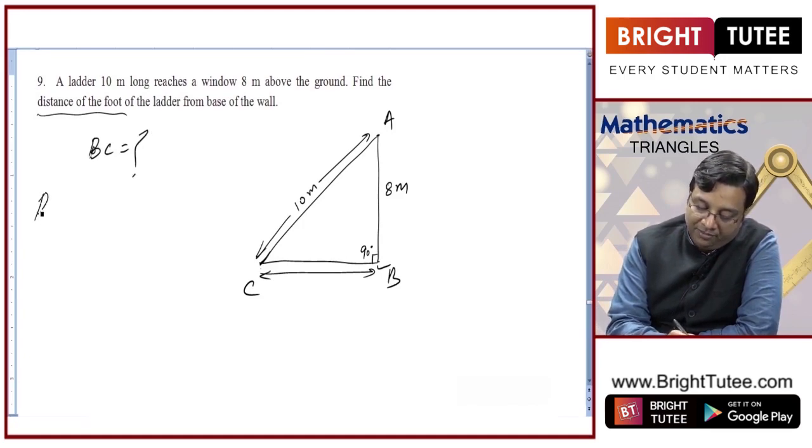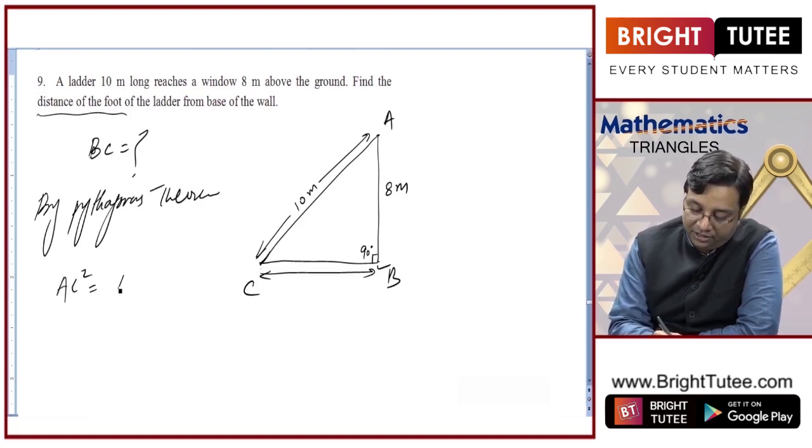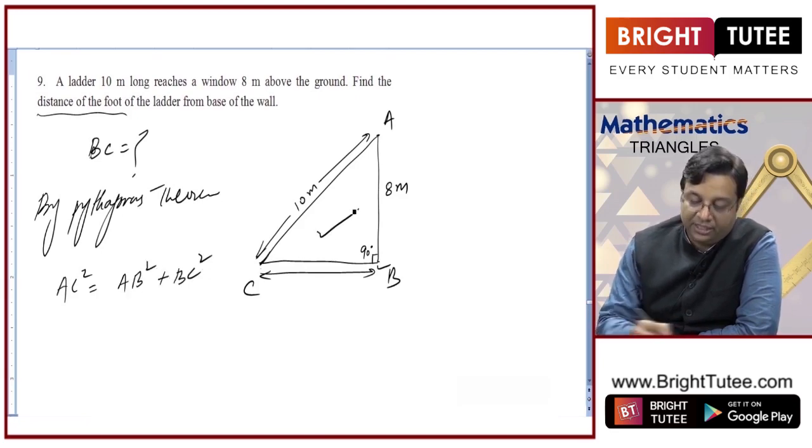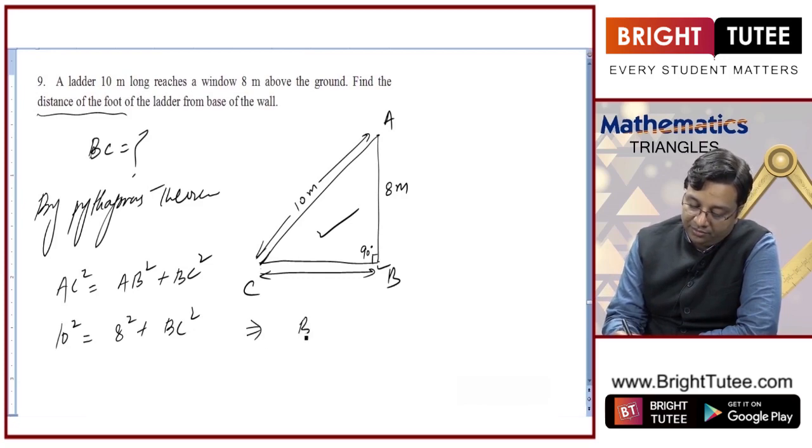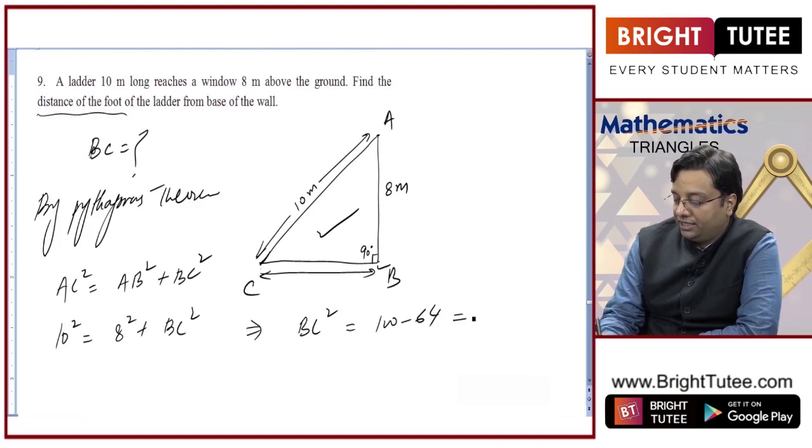So by Pythagoras theorem, hypotenuse square, that is AC square, is equal to AB square plus BC square in this triangle, right? So 10 square is equal to 8 square plus BC square. Hence BC square is equal to 100 minus 64, that is 36.